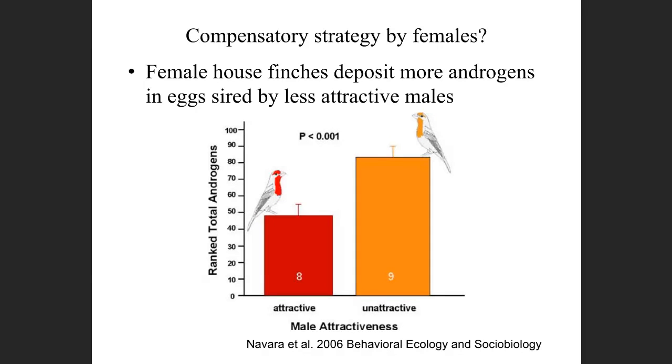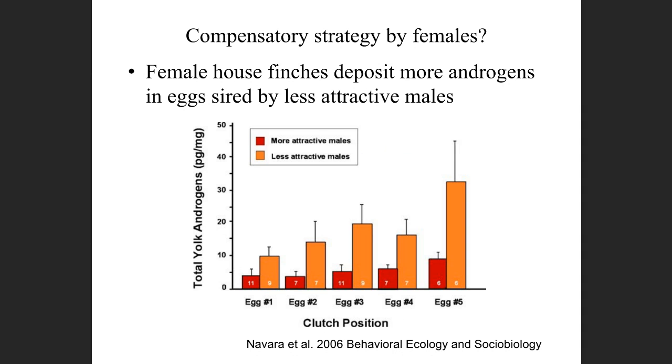When they mated with redder, more attractive males, the eggs had lower levels of yolk androgens. So this is interesting and it's not completely clear how to interpret it. You also see an effect on egg position.